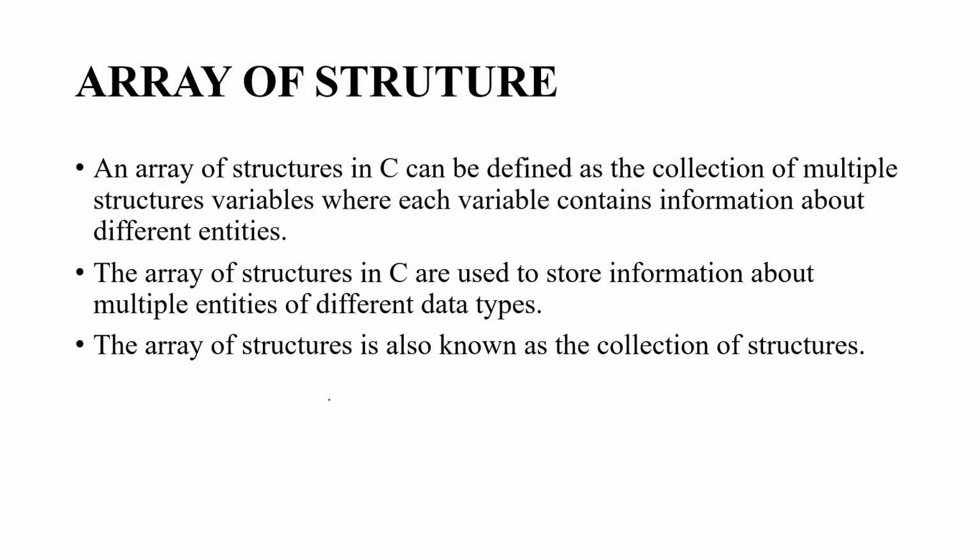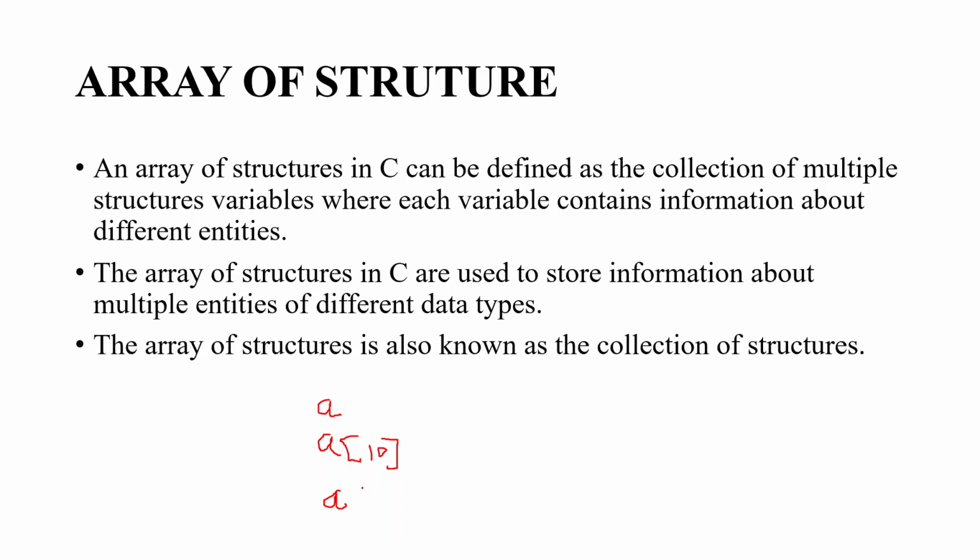If it is A, one value is assigned. If it is A of 10, multiple values are assigned to the A variable of the same data type. If it is a structure, we have just declared a variable A, and using this variable we access the members of the structure. So this A can store only one student's or employee's data.